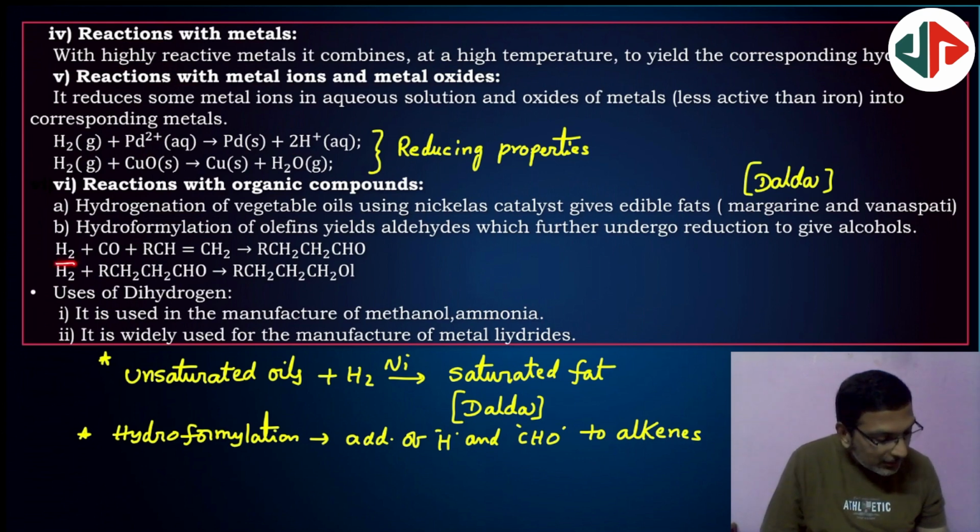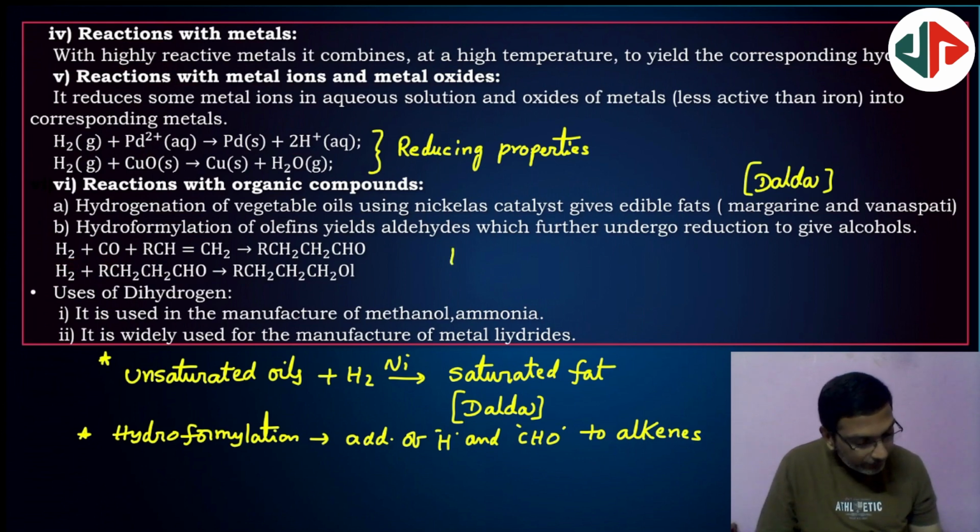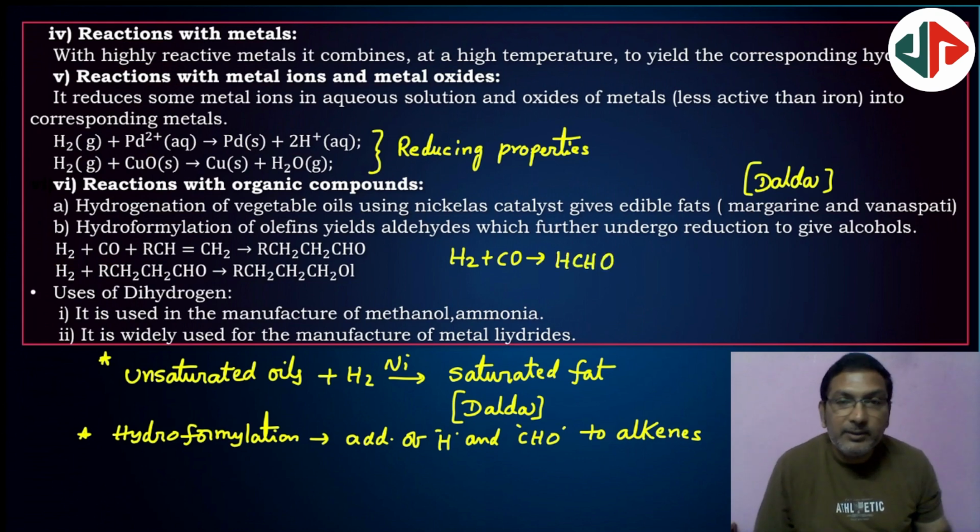So here H2 and CO, first these two react to form HCHO, formaldehyde. After that, addition of H and CHO to alkenes will result in the formation of carbonyl compounds, that means aldehydes, which on further reduction will give corresponding alcohols.